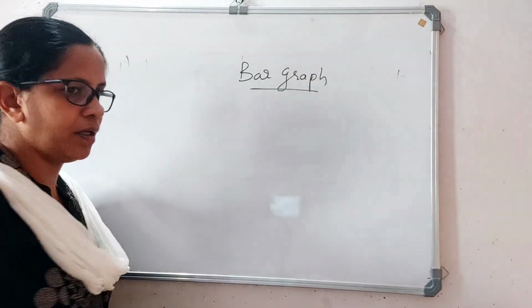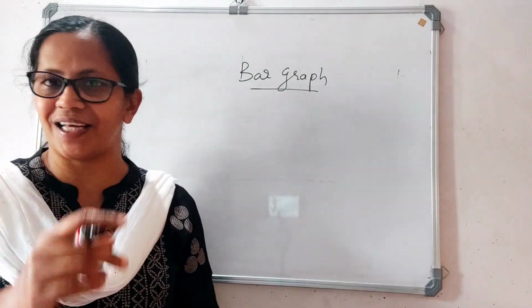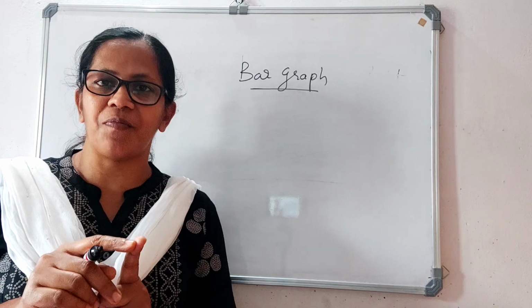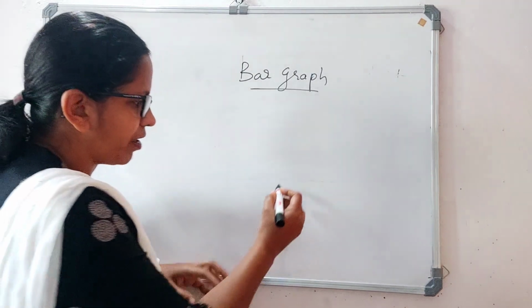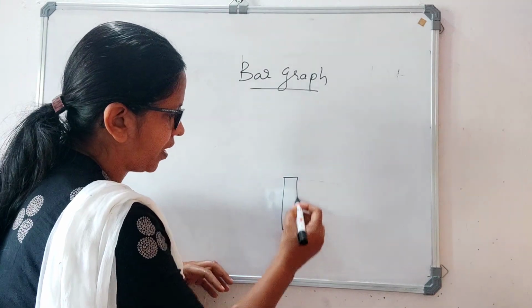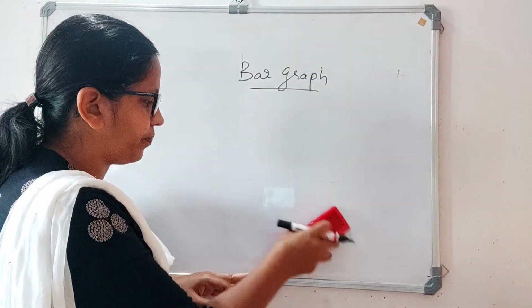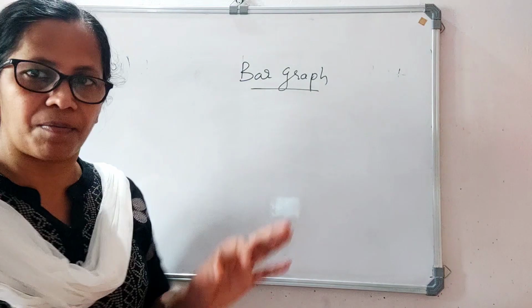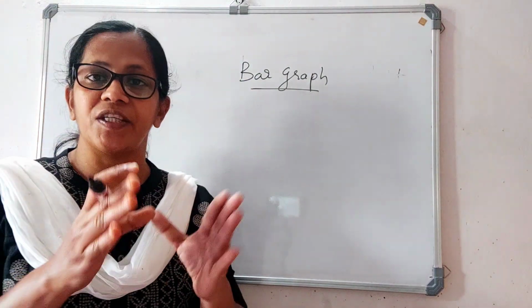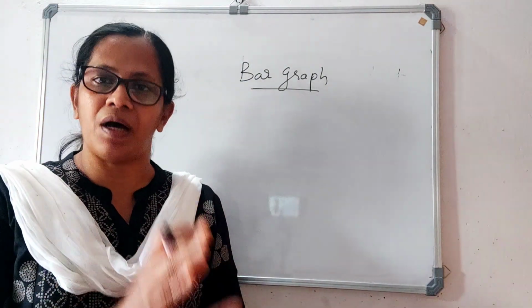The speciality of a bar graph is just like I told you, Milky Bar. What is the shape of a Milky Bar? Just like a rectangle, like this shape, isn't it? So it is called a bar graph. We are going to represent it using some bars, so when it is represented in the form of a graph, it is called a bar graph.